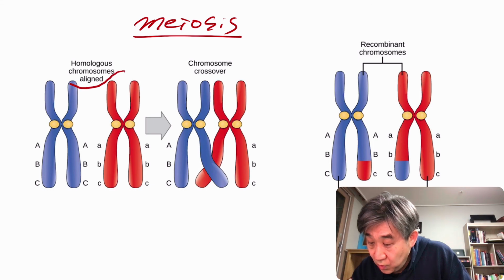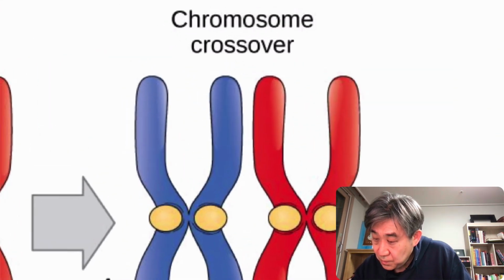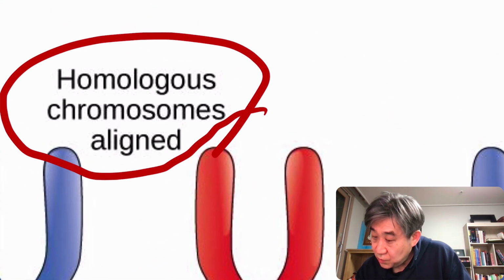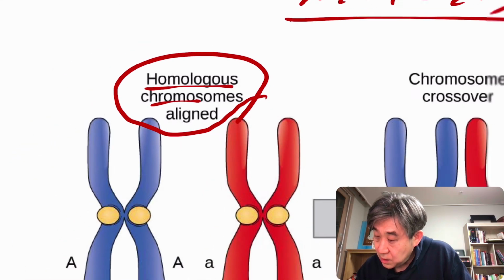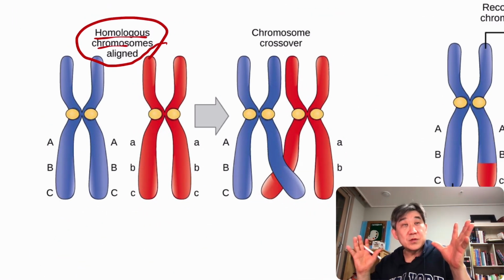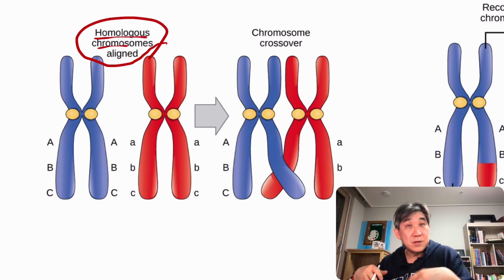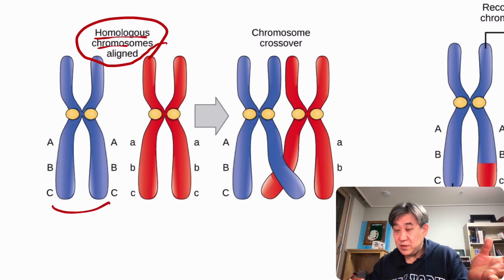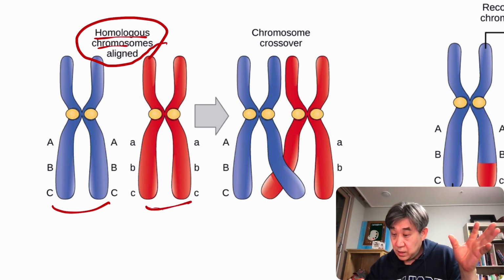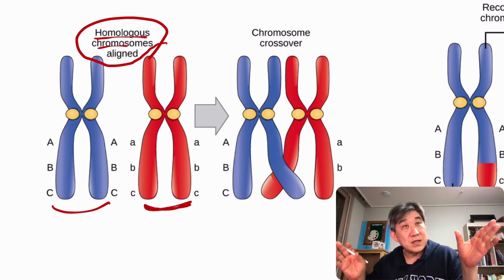there is something called homologous chromosomes. These homologous chromosomes are the same chromosome but of different origin. If this chromosome came from your father, paternal origin, then the same, identical chromosome must have come from the mother's origin.